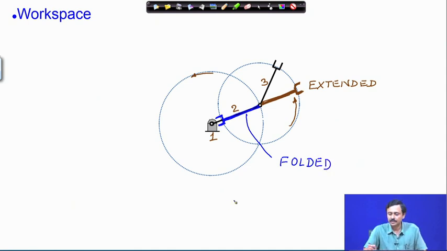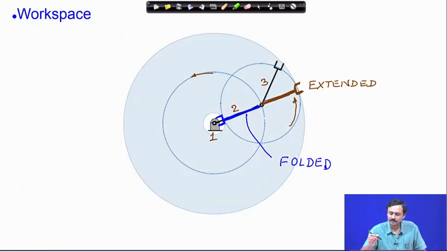With these two I can now draw the workspace.